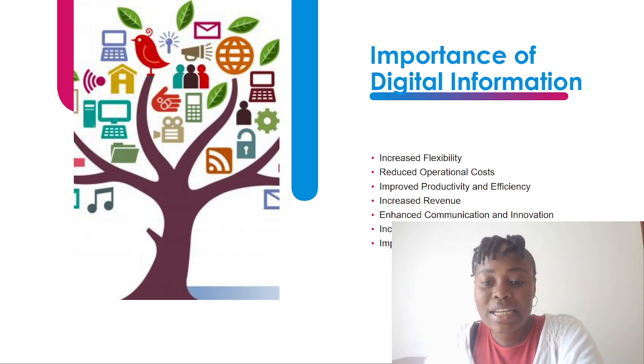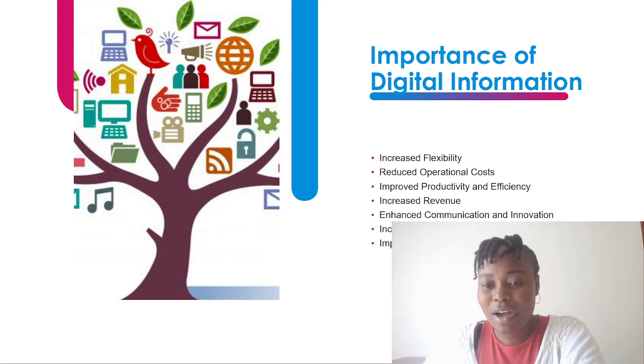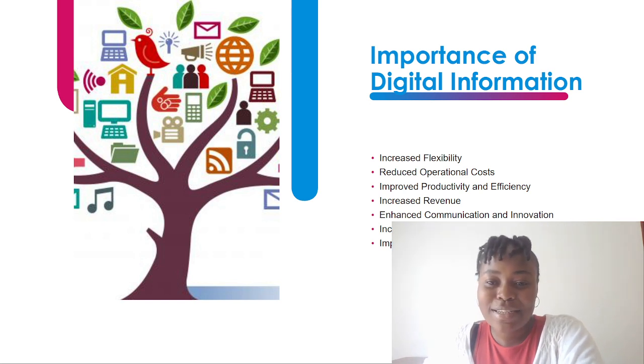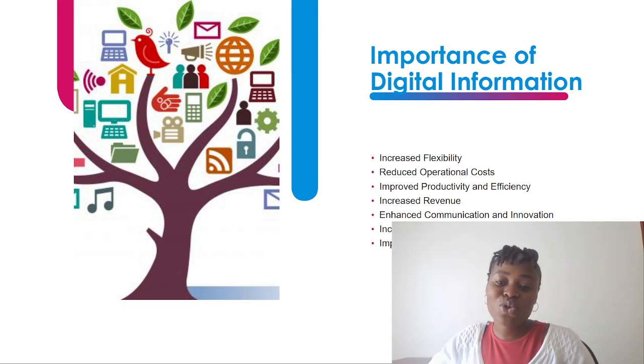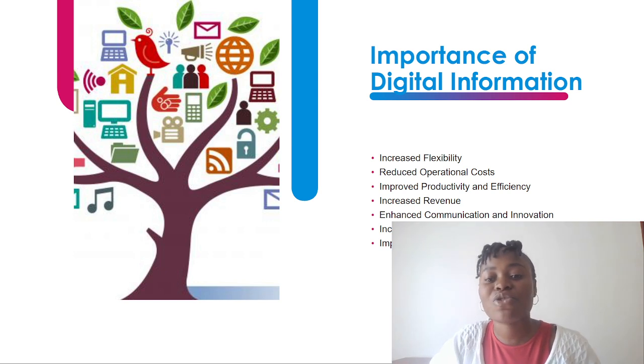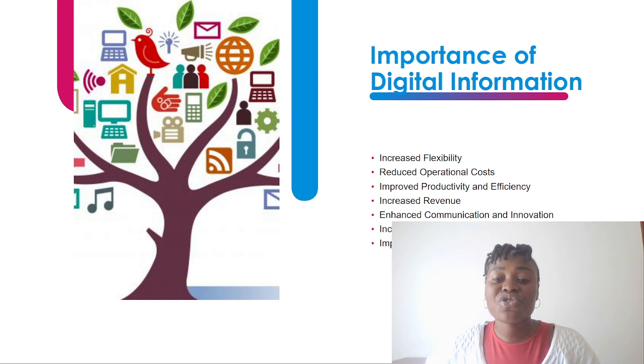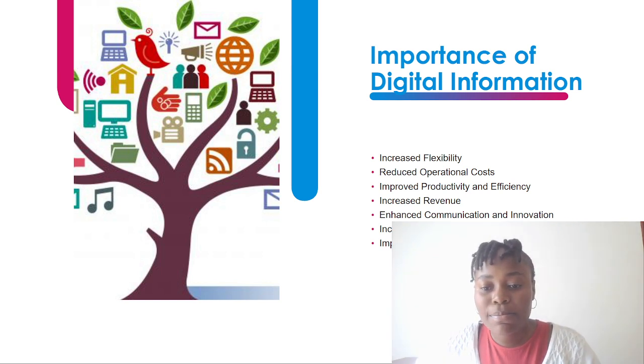The other one is enhanced communication and innovation. Gone are the days when information was produced on paper and all that. Now we have social media as well, where you can produce information, for instance on your website, and share just a link on your social media platforms.